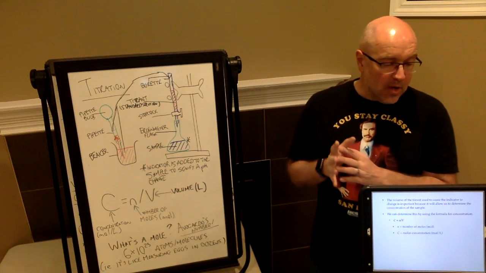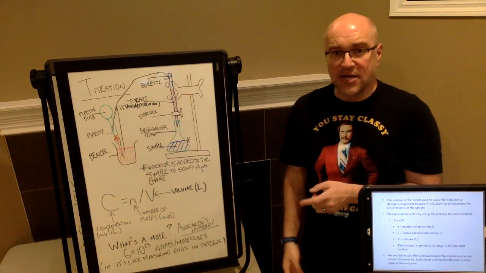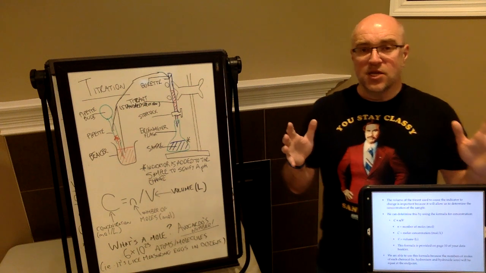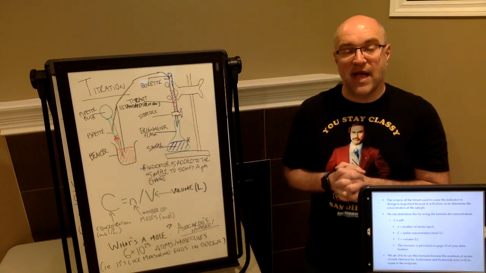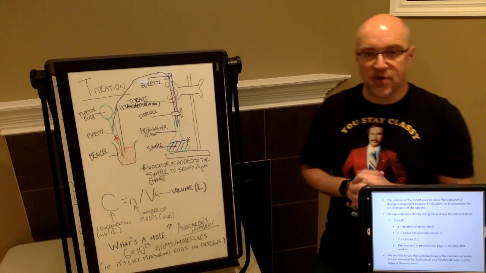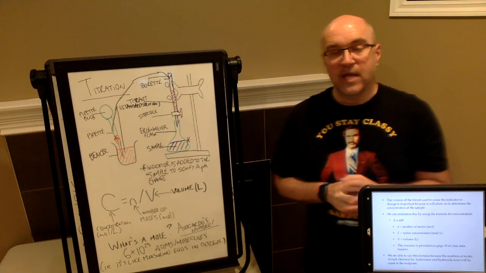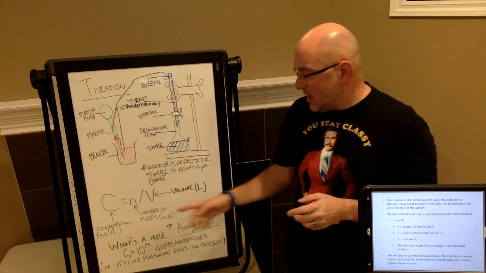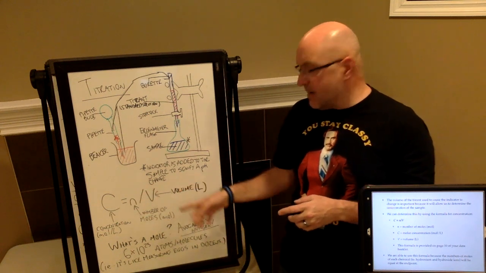Okay, so once you've done your titrations and figured out how much of the titrant is needed to react with the sample, you now have everything you need to calculate the concentration of that sample. We do that by using the concentration formula, where concentration, in units of moles over liters, is equal to the number of moles of a substance divided by the volume.